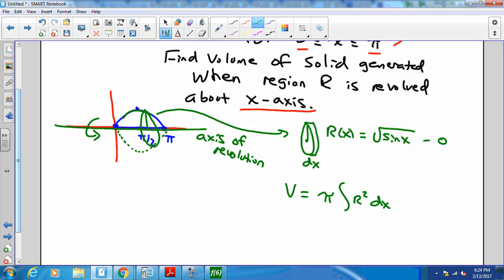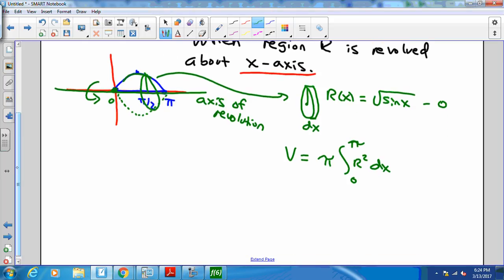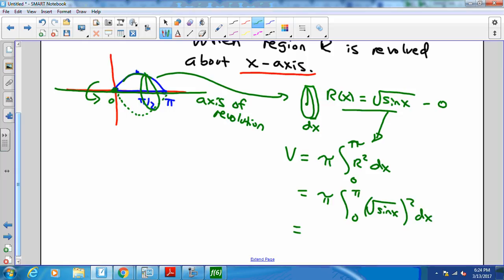And therefore, the volume of the solid that is generated will be the integral of pi r squared, that's the area of our disk, times dx, which is the thickness of our disk, taken from the first x out to the last x, from 0 to pi. Well, we've got our radius, we've got our integral formula, it's time to substitute and evaluate.